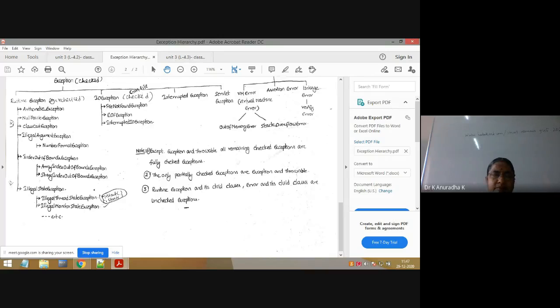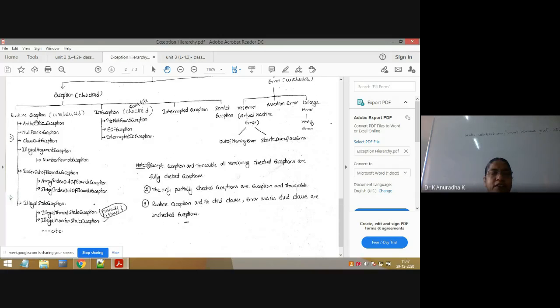So here, the important thing to remember is runtime exception is the subclass of the exception class. Under runtime exception, we have all these subclasses. Next, one more important point is runtime exception and all its subclasses are unchecked exceptions.